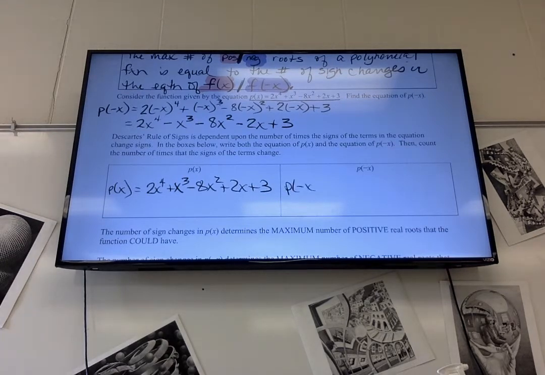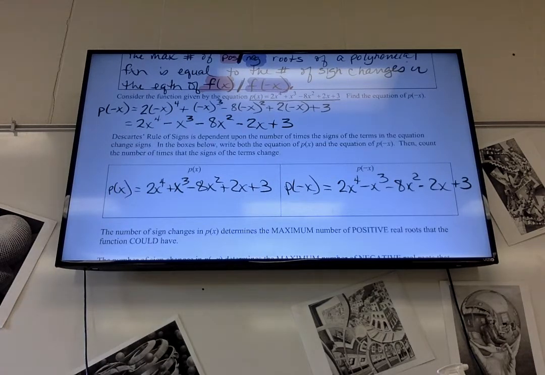And p of negative x is the one we just found: 2x to the fourth minus x cubed minus 8x squared minus 2x plus 3. Hopefully I copied them down correctly. Let me know if I left something out or changed a sign in the process. I think I wrote them down right.